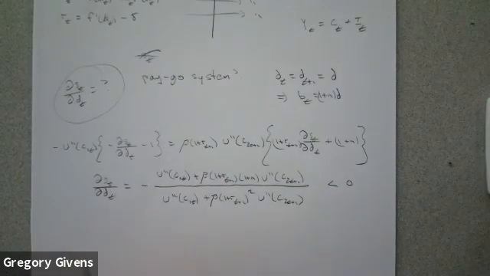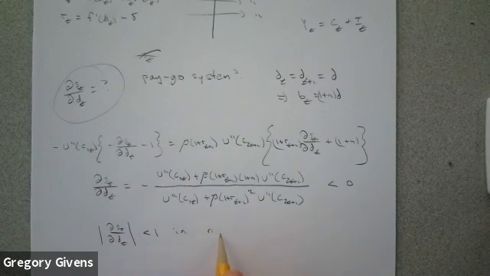There are 3 cases we need to think about here. Case 1. Notice that the partial of saving with respect to D in absolute value can be less than 1 if N is less than R. The only difference between the numerator and the denominator here is a 1+N over a 1+R, right?